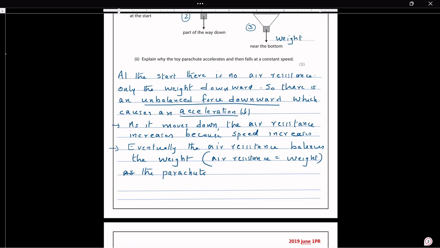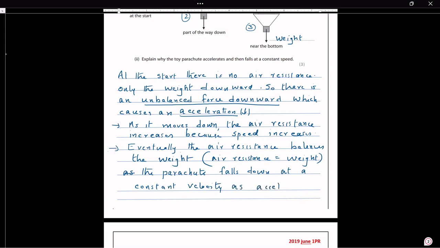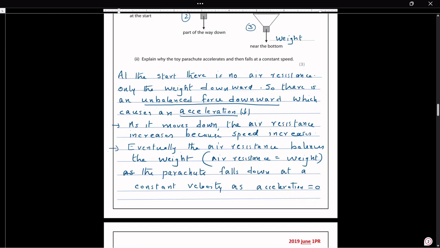The air resistance becoming equal to the weight means now there is no acceleration. The parachute falls down at a constant velocity as acceleration becomes zero. Okay, eventually the air resistance balances the weight and the parachute falls down at a constant velocity.